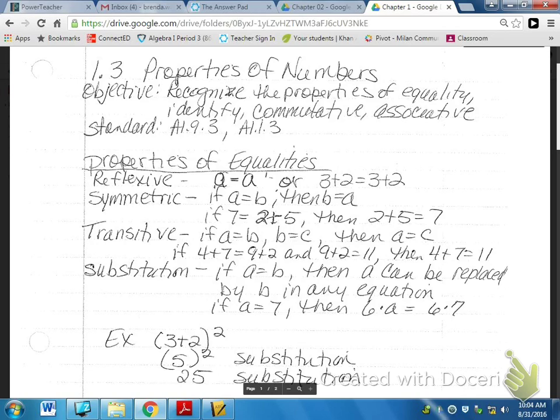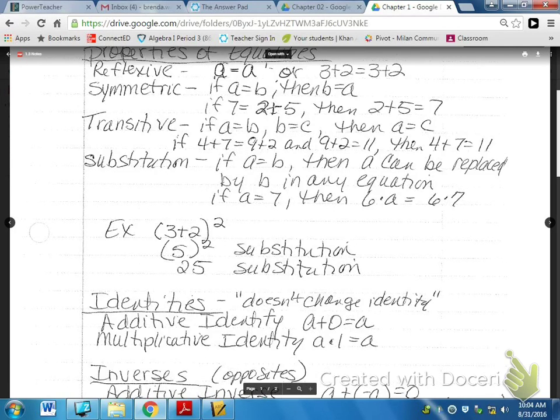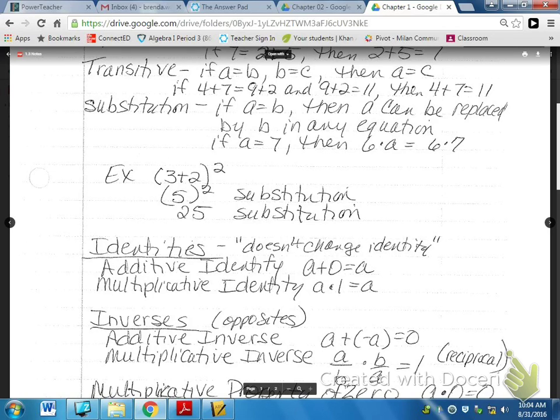All right, so here's what we're going to do with these. We're going to take some problems that we solved with order of operations, and you go from one step to the next, and you have to justify how you know that's true. This first example is the quantity 3 plus 2 squared. By order of operations, the first thing you would do is the 3 plus 2, which you know is 5.